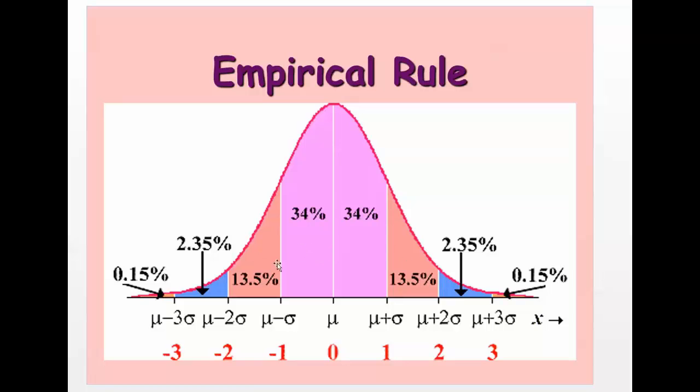And again, using symmetry, I can get these other two percents to balance out. So it's 13.5 on each end to get the other amount. And then the 99.7 is where I can get that to justify the 2.35%. So assuming we're looking at this type of normal model, we can use symmetry to figure out probabilities.